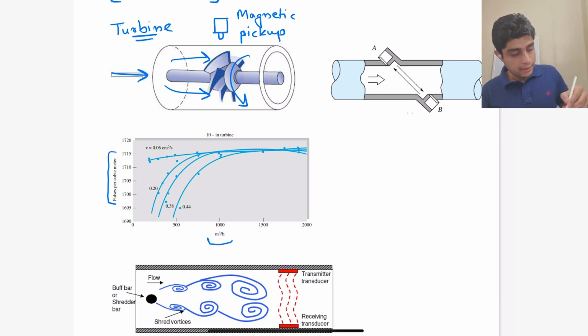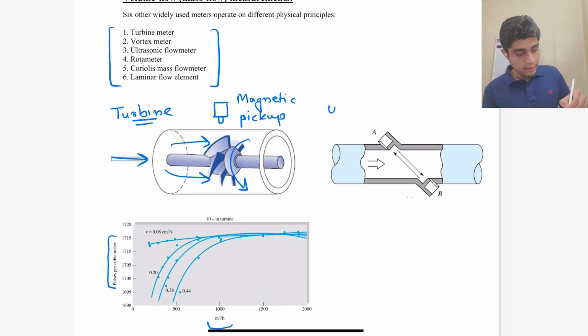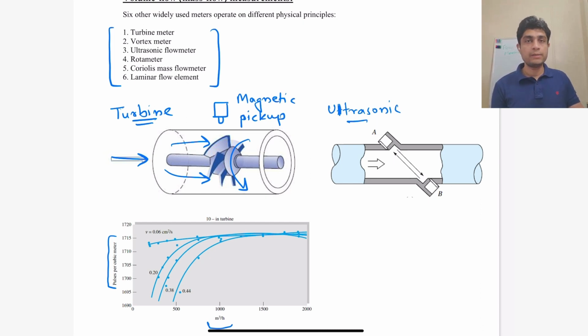The second diagram here is an ultrasonic flow meter. The basic principle is that we send ultrasonic sound pulses from two sensors. One is installed upstream and one is installed downstream. The signal that the upstream sensor sends travels faster because it is traveling downstream, while the signal that the downstream sensor sends travels slowly because it is going against the flow.